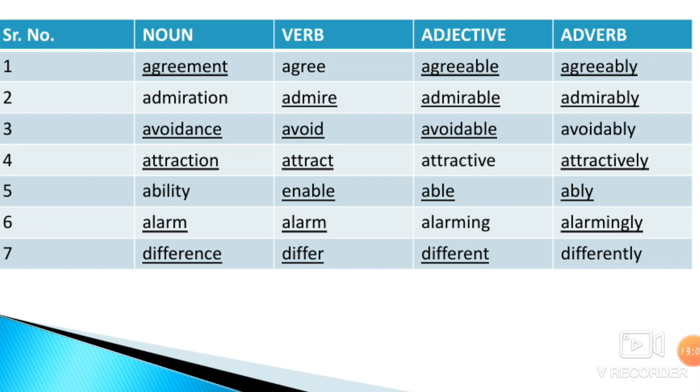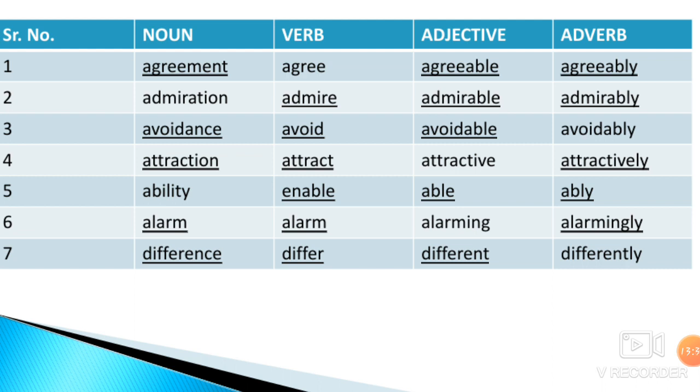At first, they have given the verb agree, and we have to write the remaining word forms. Noun agreement, adjective agreeable, adverb agreeably. Next they have given the noun form admiration. Its verb is admire, adjective is admirable, and adverb is admirably.